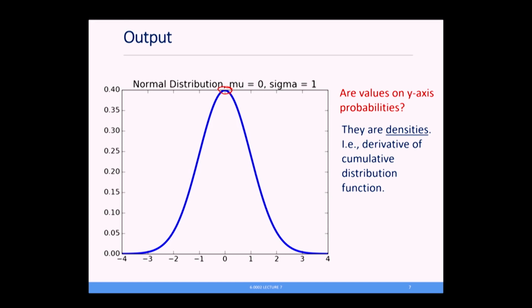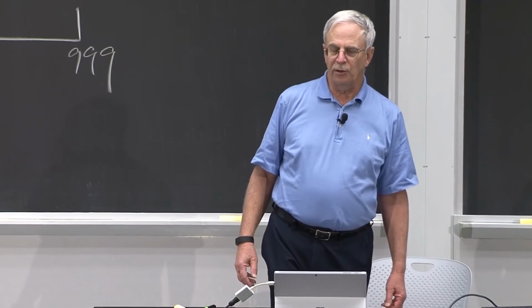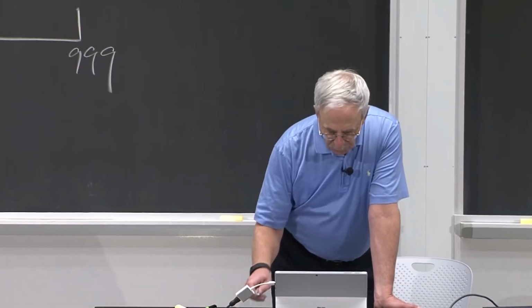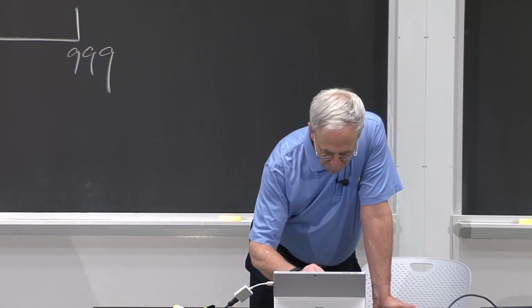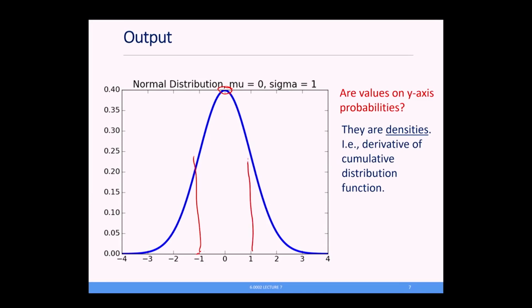Now, why were we talking about derivatives in the first place? Well, remember what we're trying to say. If we want to ask what's the probability of a value falling between here and here, we claim that that was going to be the area under this curve, right?